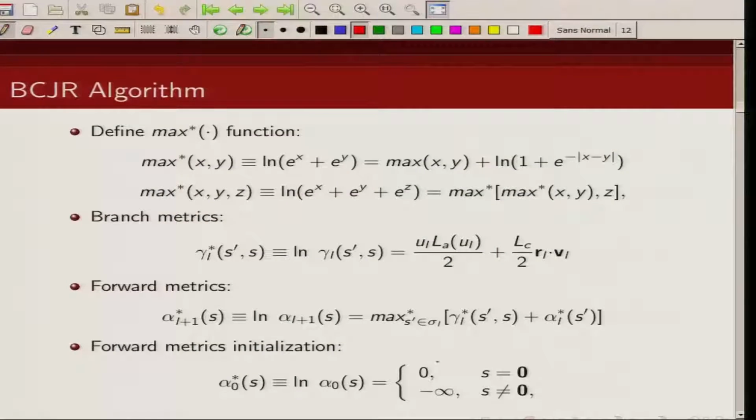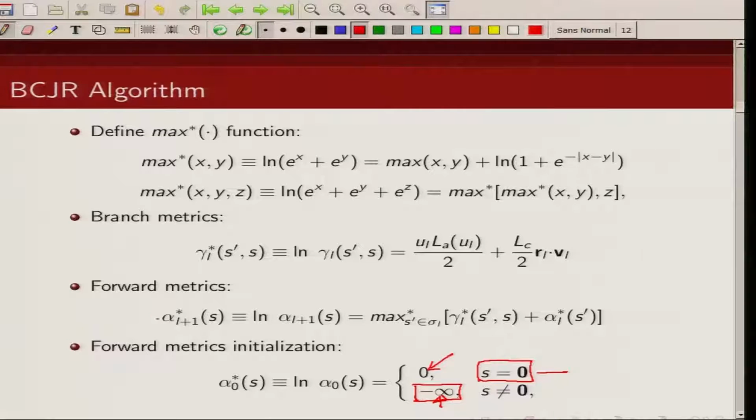So when we take the log of that, the initialization for initial state 0 will be log of 1, which is 0, and for the probability of its being in all other states, this will become minus infinity.